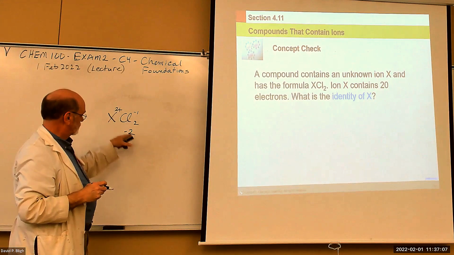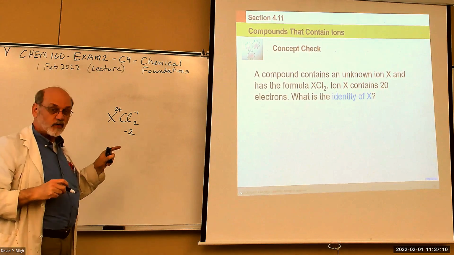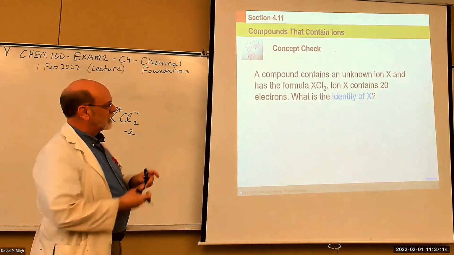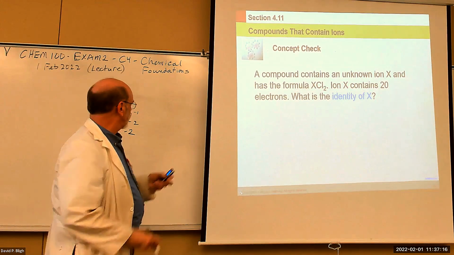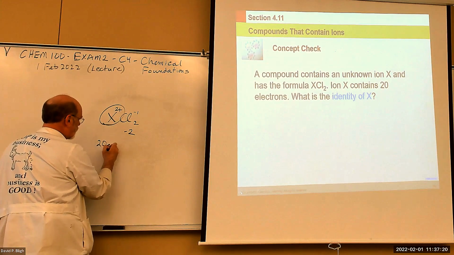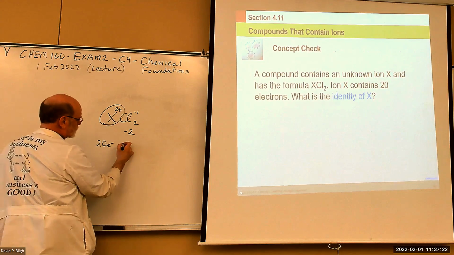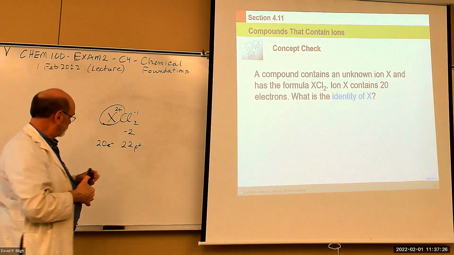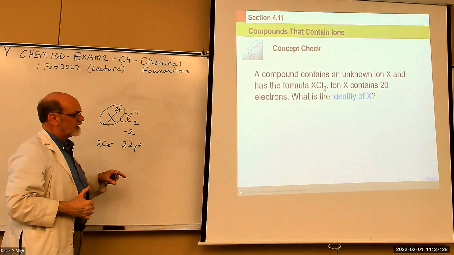To balance. So we know the unknown has a 2+ charge. We're also told that this ion contains 20 electrons. So with 20 electrons and a 2+ charge, we need 22 protons. That gives it a 2+ charge.